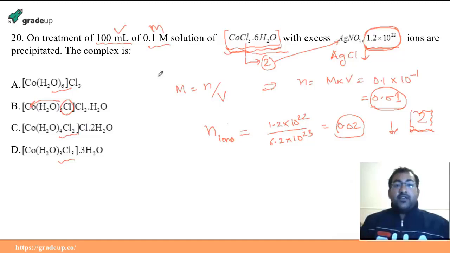All right, so if double the moles of chlorine are getting precipitated, it means for every 1 molecule of this compound, 2 chlorines go out, get attached with Ag and get precipitated. So in this case option B is correct because it's the correct stoichiometry.